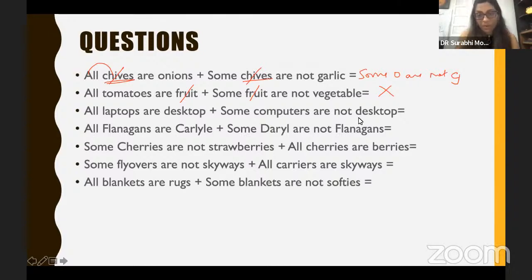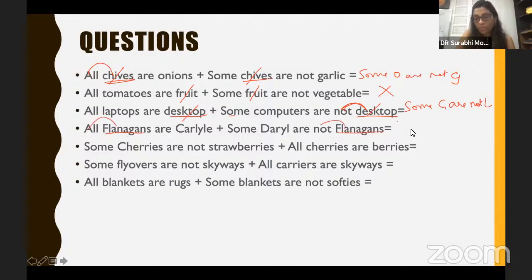Third, middle term is distributed, it's written with not, right? We remove the middle term. My answer will be some computers remain as some computers. All laptops will become not laptops, right? That's very good answering, everyone. Then my middle term is distributed twice.